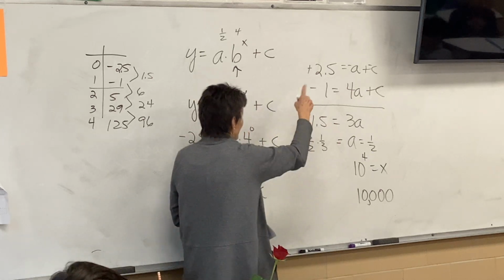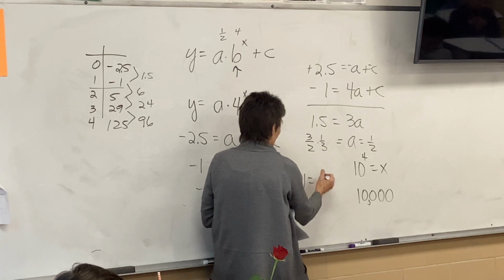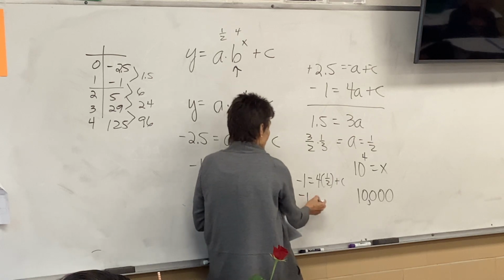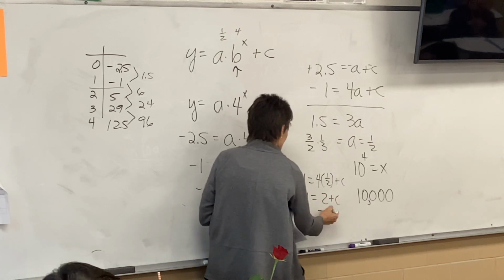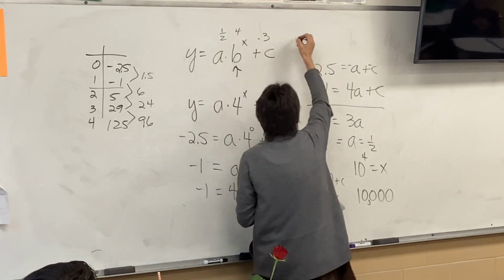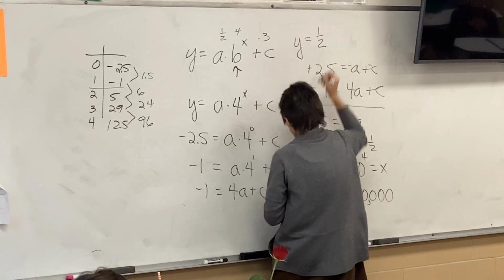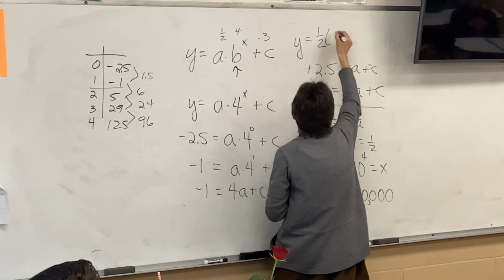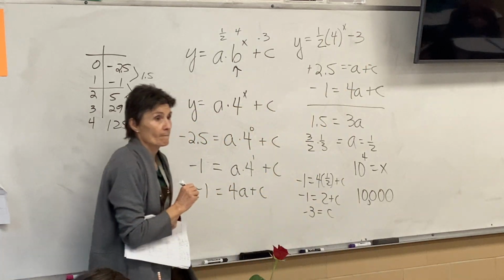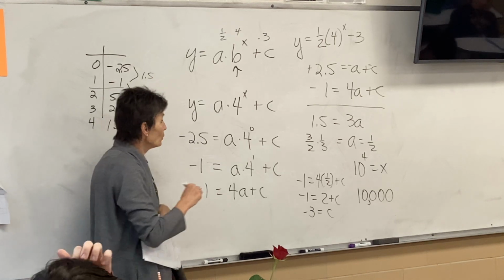I'll go back to one of my equations here. -1 equals 4a plus c. So -1 equals 2 plus c. It looks like c is -3. So my equation is 1/2 times 4 to the x minus 3. Is that okay?